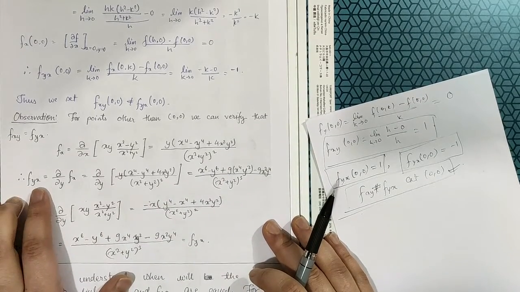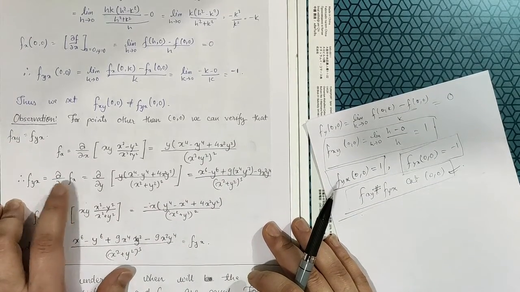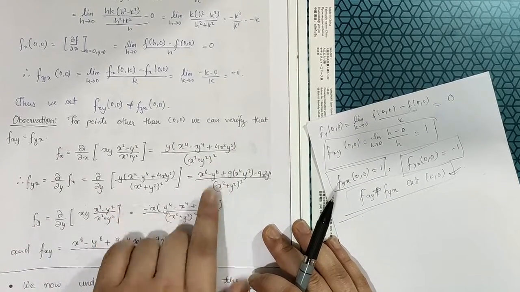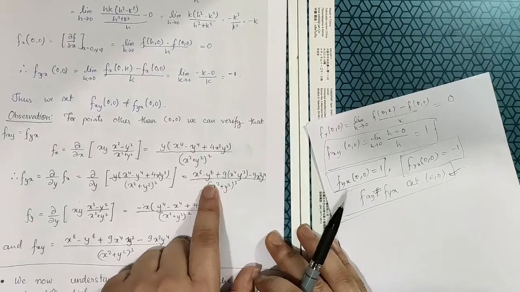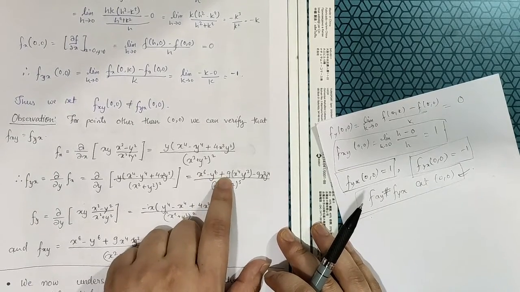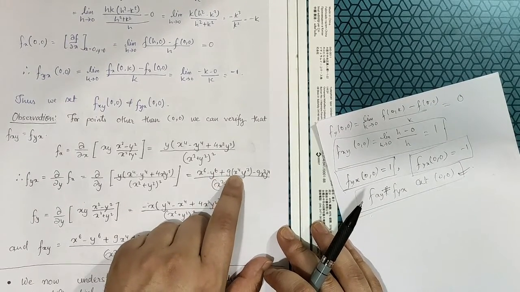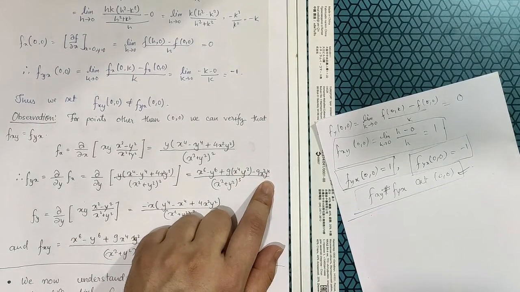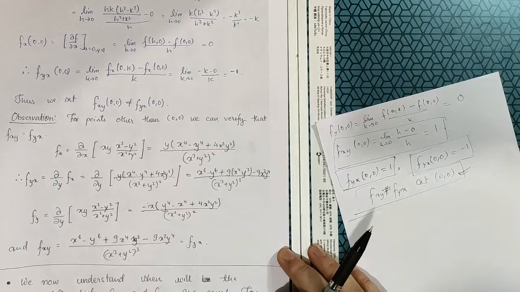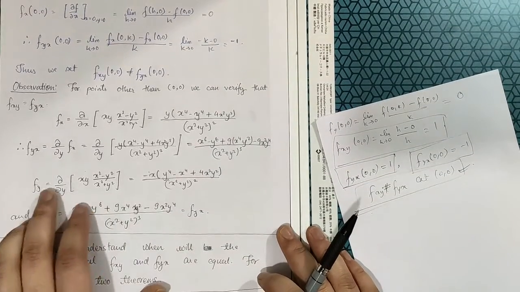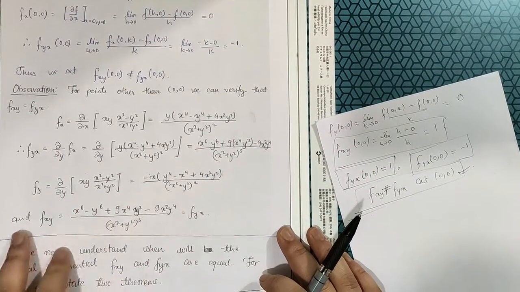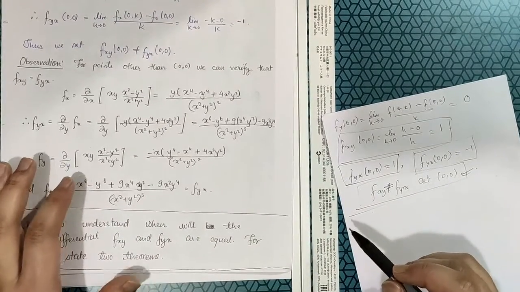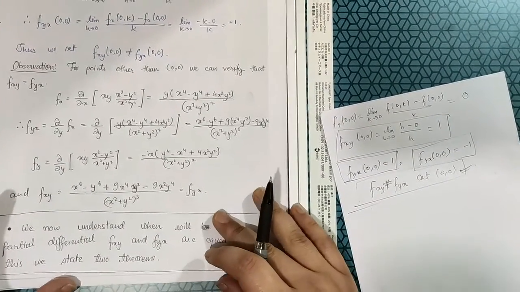And f_yx is del of f_x, so we need to find del by del y of this function, and we'll eventually get (x^6 minus y^6 plus 9x^4 y^2 minus 9x^2 y^4) whole divided by this. And similarly we'll get the same thing for f_xy. It is a simple calculation, I think you can try it.